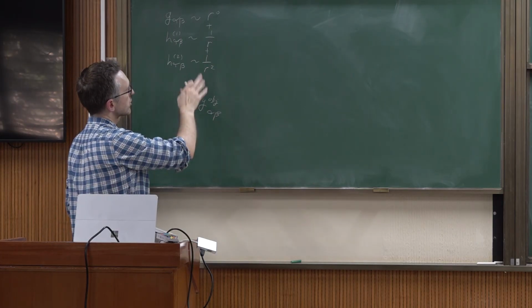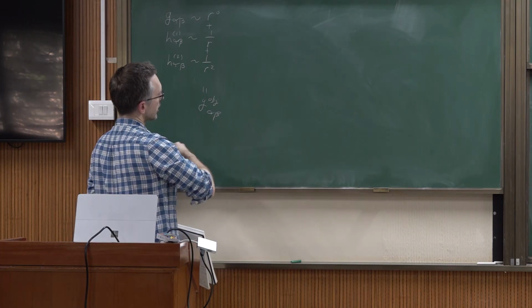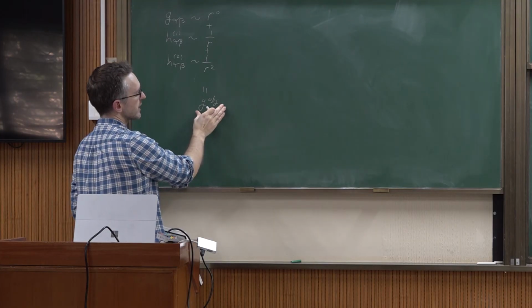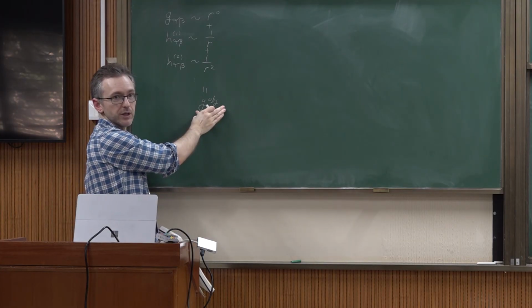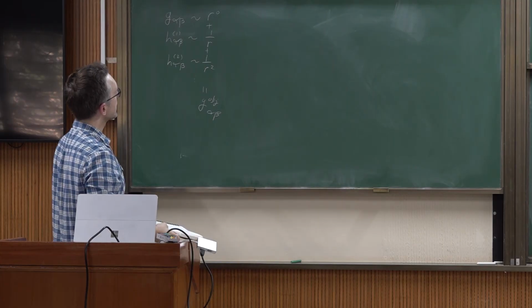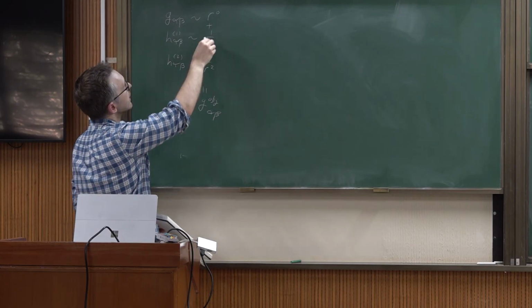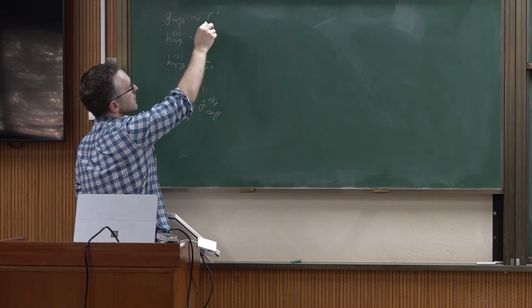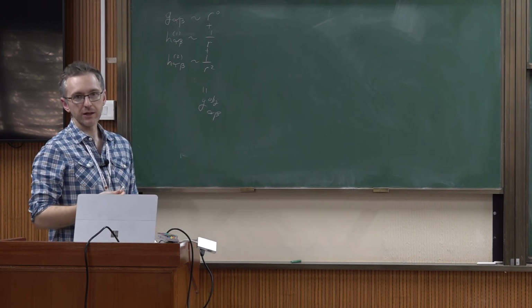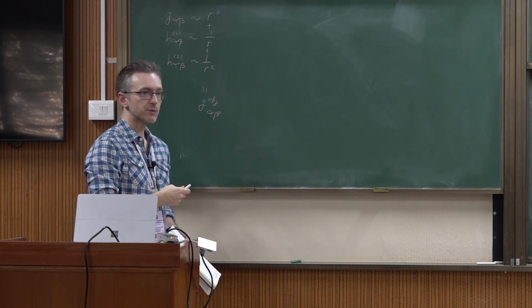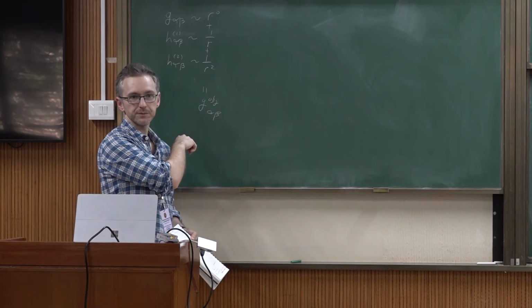And so what this tells us more generally, you can also do a little bit of work to prove that this has to be a stationary metric, which means then that all of the coefficients of 1 over r to the n can be written in terms of the multipole moments of the small object.